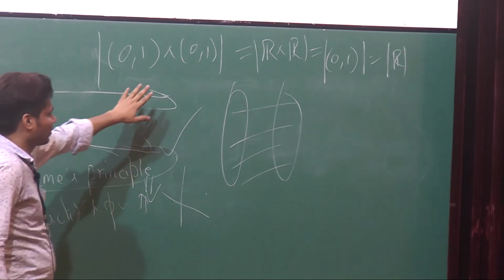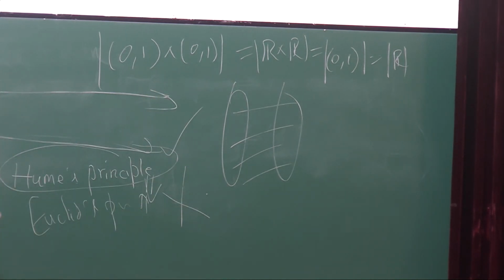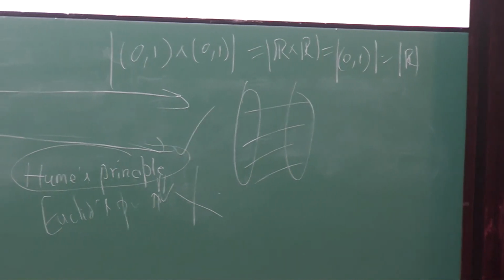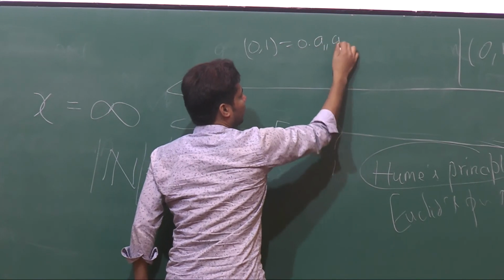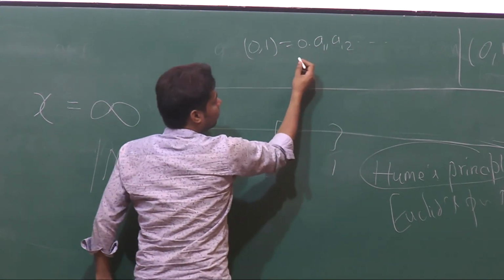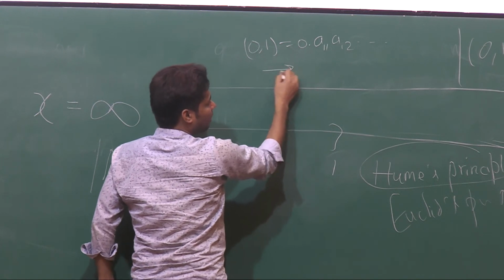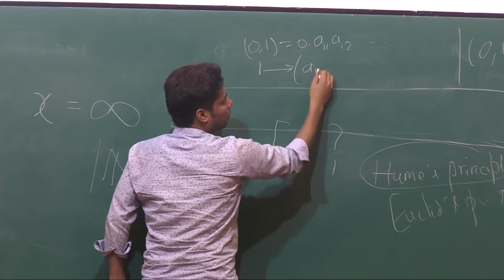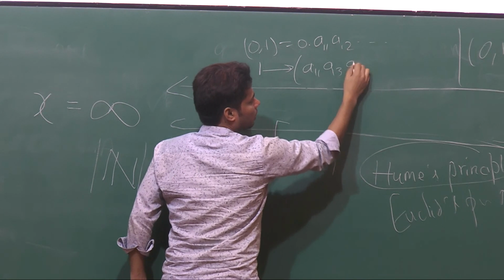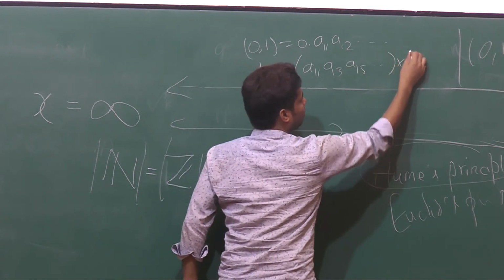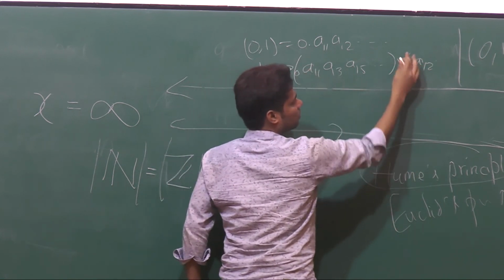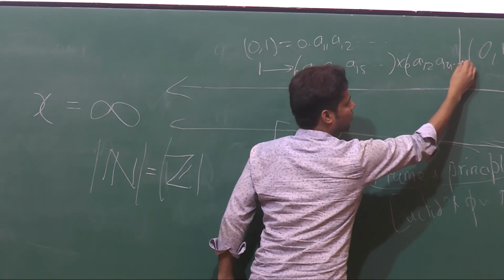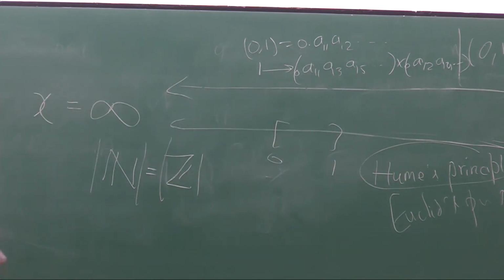Because some of you asked, I just leave you a hint: write the number in decimal form and map its digits, like 0.1 and 4, alternately. This is a bijection between R and R square.